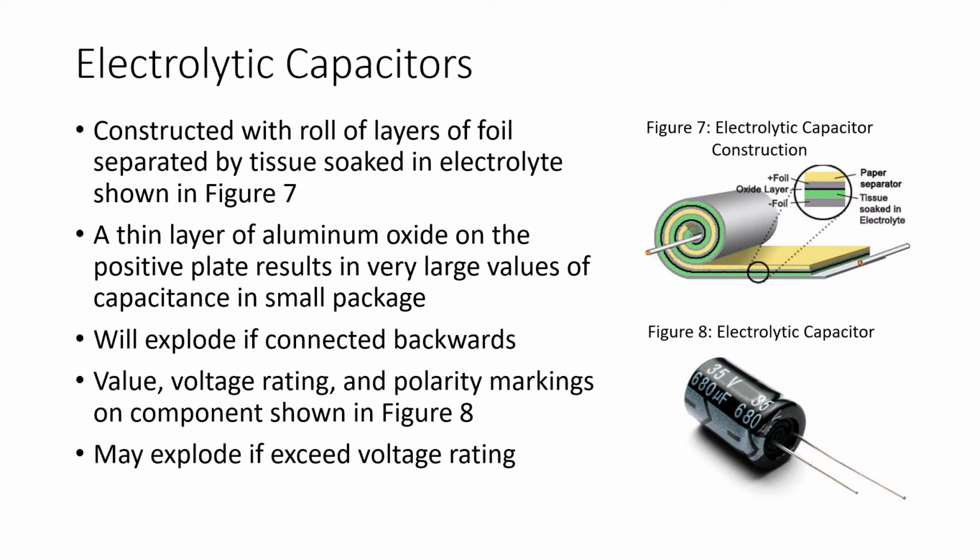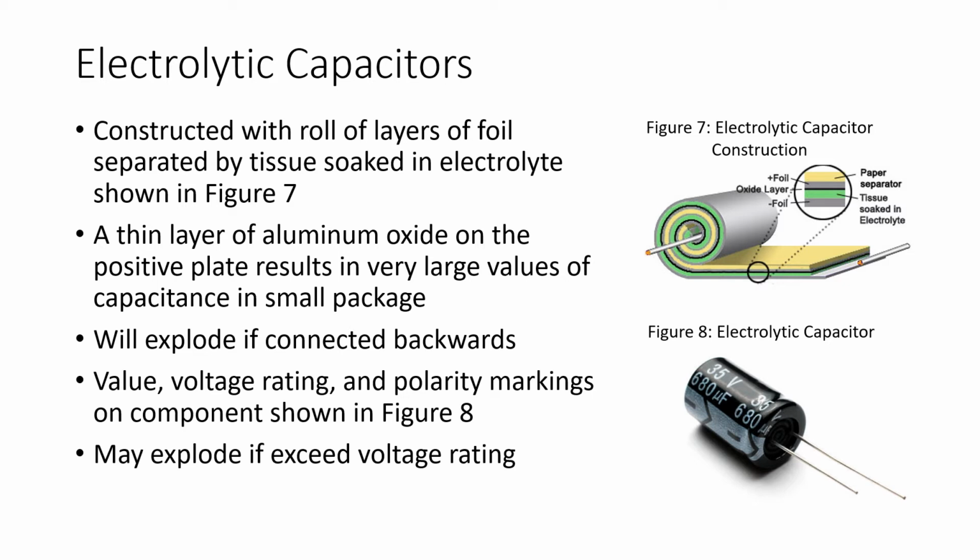So referring to figure 8, we see an electrolytic capacitor, and on the case they denote the value 680 microfarads, the DC voltage rating 35 volts, and the polarity is denoted with negative signs inside the white stripe with arrows pointing to one of the leads.